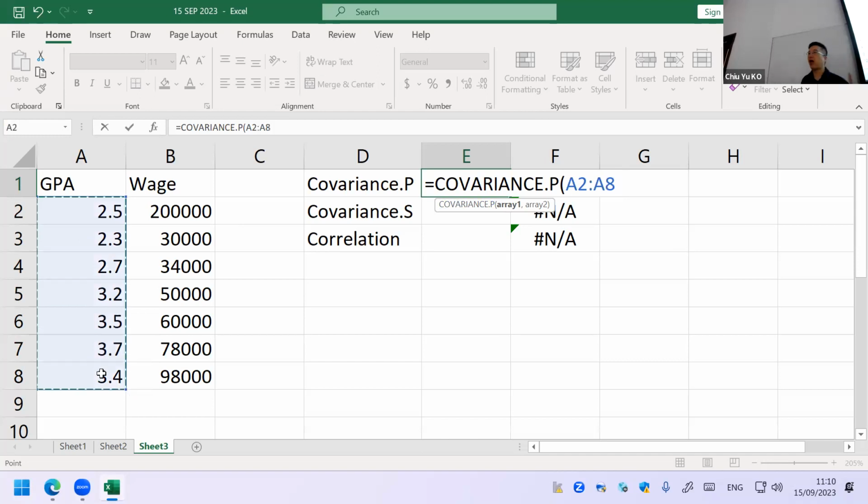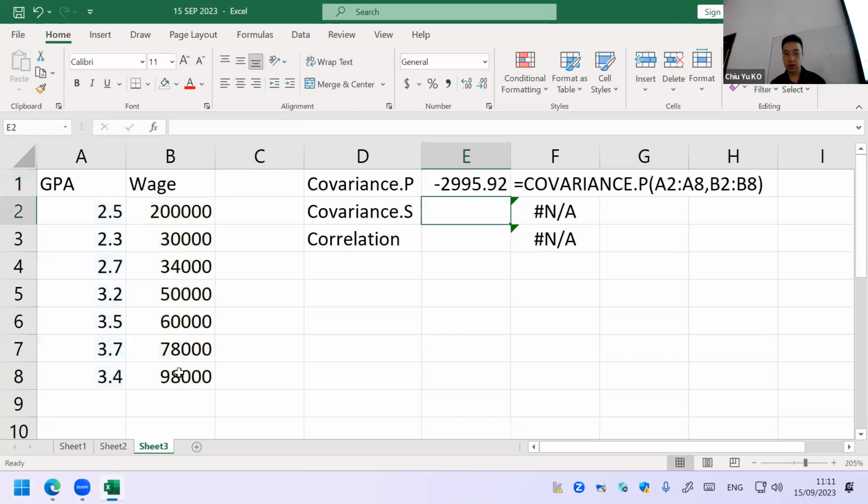Then I input a comma to signify that I have another one, which is Y. So that is how you input to calculate covariance: all the X and all the Y. This COVARIANCE.P will be divided by N. So negatively related, right?